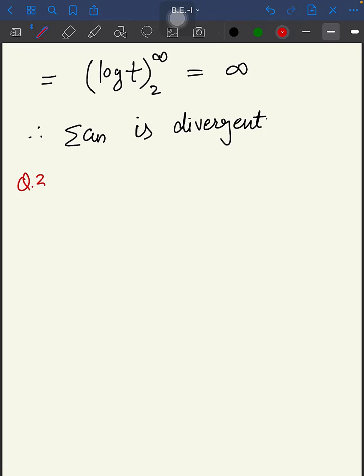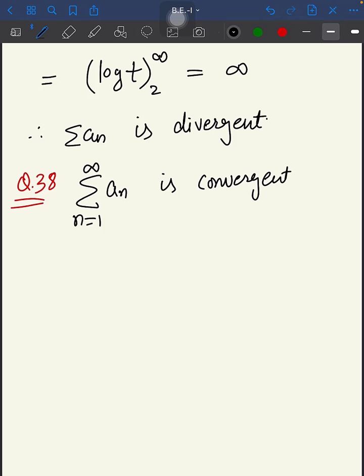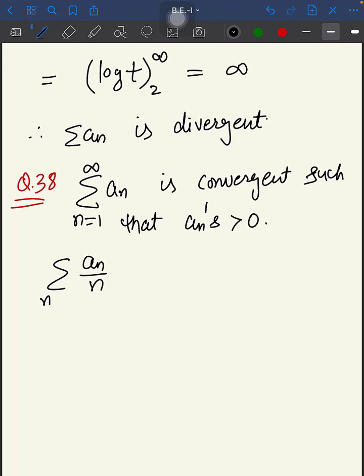Question number 38. Now you have summation over n from 1 to infinity of An is convergent, such that your Ans are positive, right? So we want to make some conclusion about the summation An by n, where n runs from 1 to infinity.